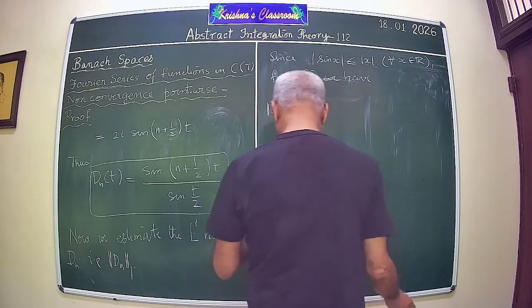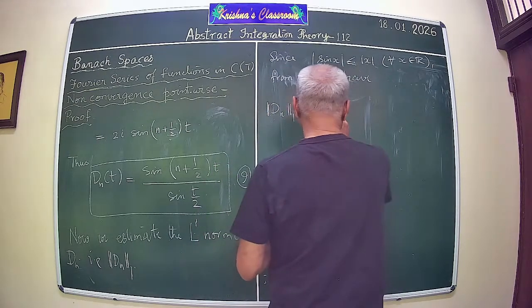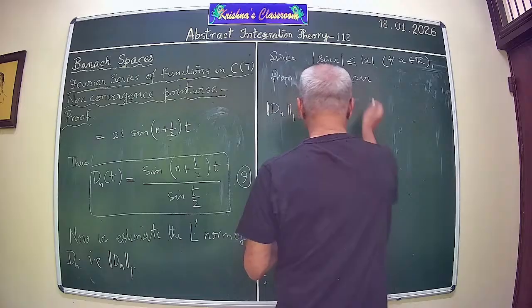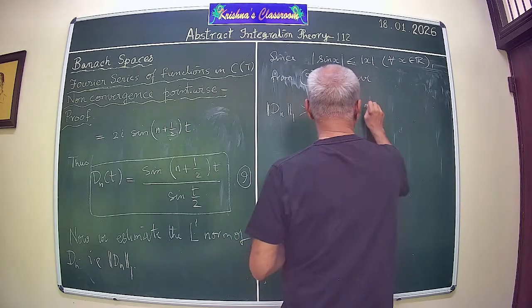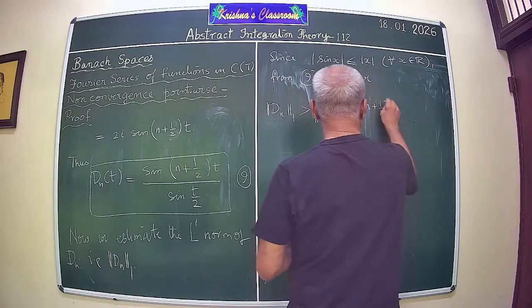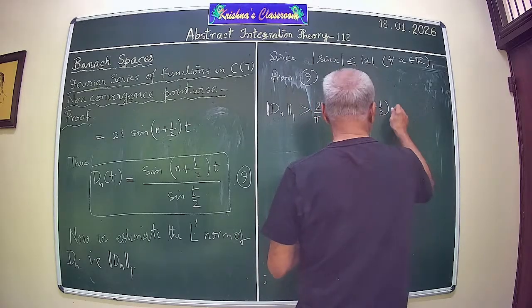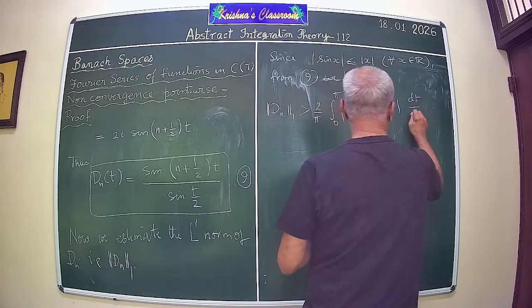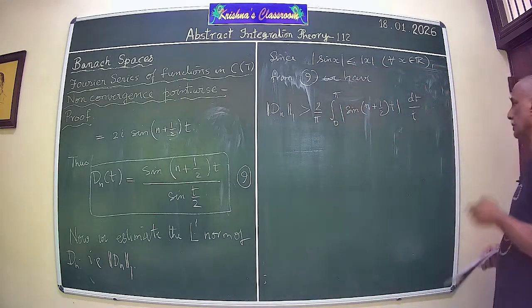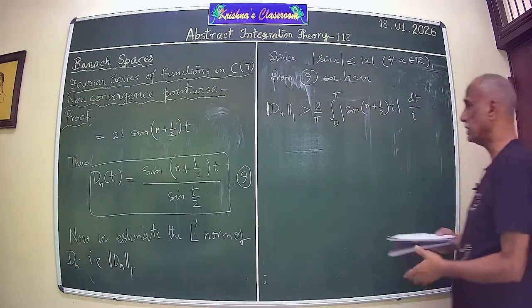Two by pi, 0 to pi, dt upon. Now this we shall estimate.